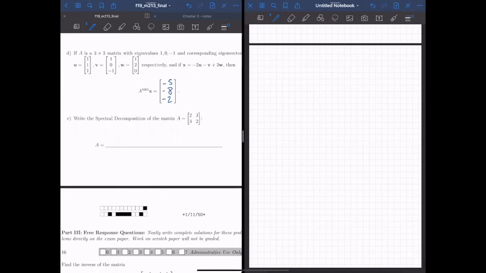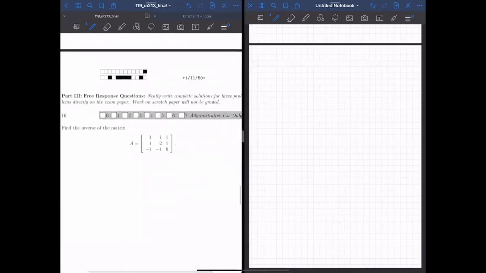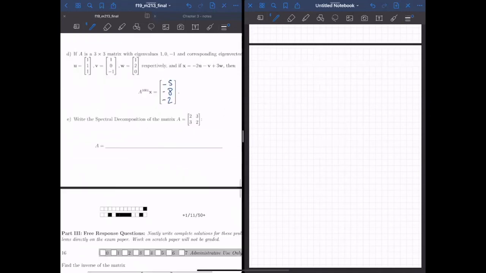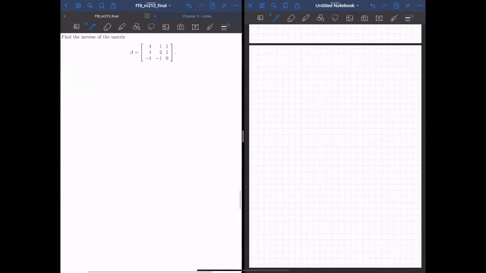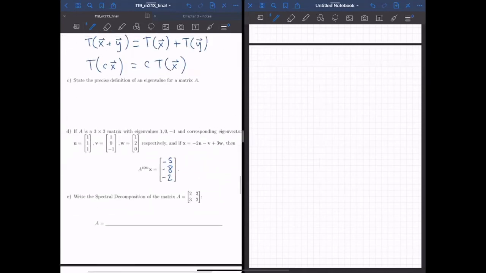Okay. So let's see. The next question is a spectral decomposition. Let's do the spectral decomposition one, just because it'll give us some practice with eigenvalues and eigenvectors again. Then would you all want to jump to some more multiple choice questions from the practice exam from last semester? Just more conceptual ones?